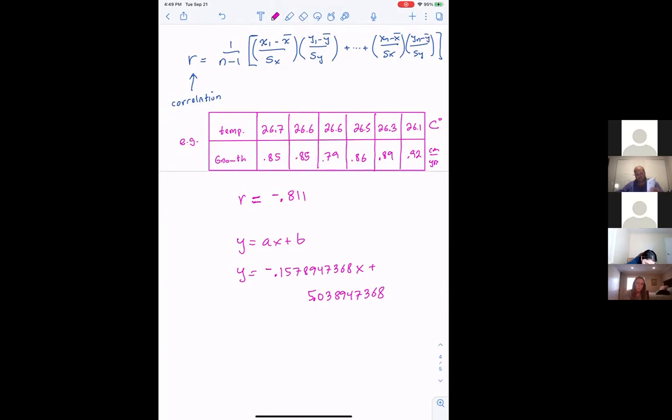So now I want you to do something else. I want you to hit the second again. And right above second, hit stat plot. Do you see stat plot, the very top left corner? So stat plot. And the very first one, plot one, I want you to turn it to on.